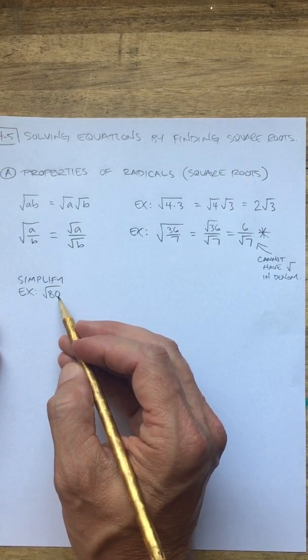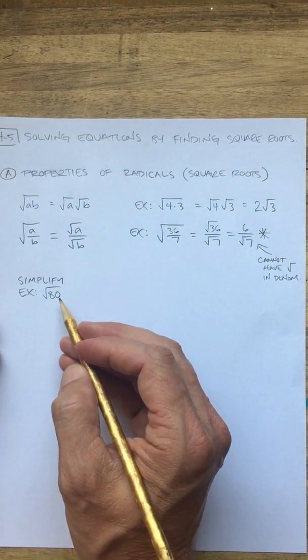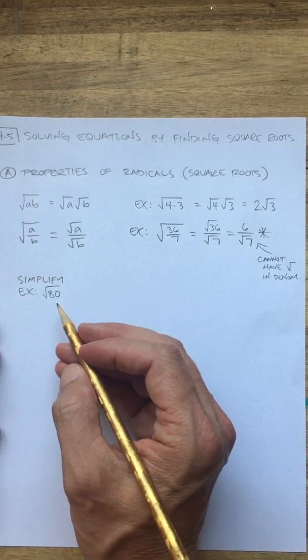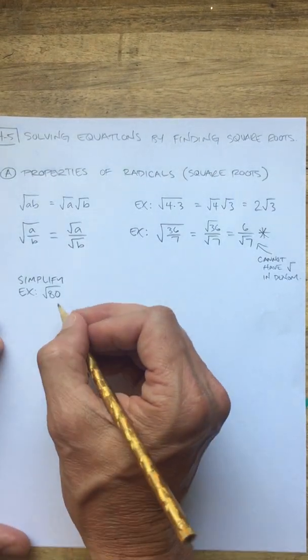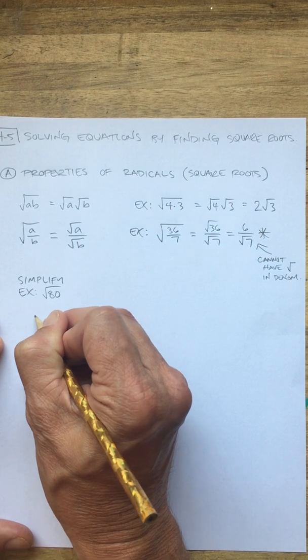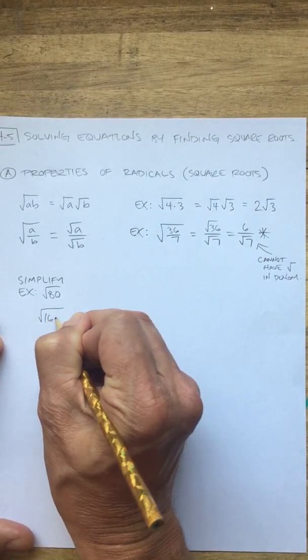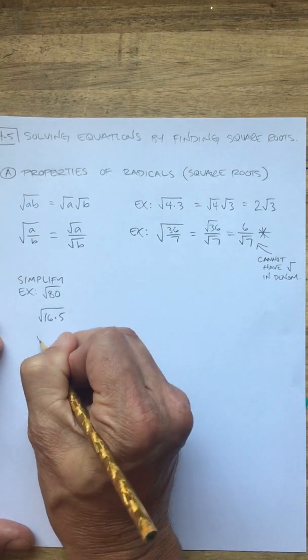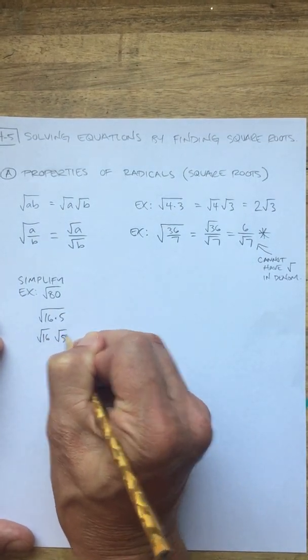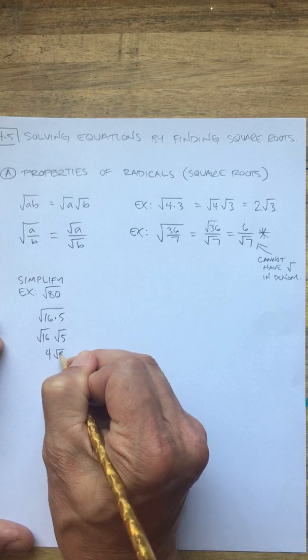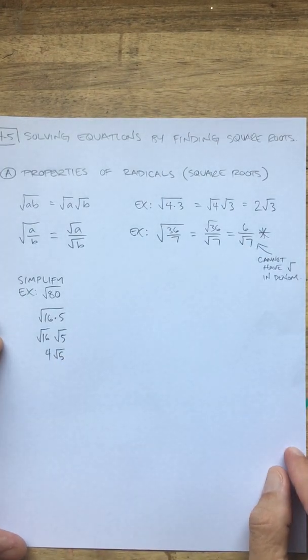How about 16 times 5? I think 16 times 5 gives you 80, right? So watch this. You could break this down a bunch of ways. You can go 16 times 5, which equals the square root of 16 times the square root of 5, which gives you 4 radical 5. There's a ton of different ways you could do this.